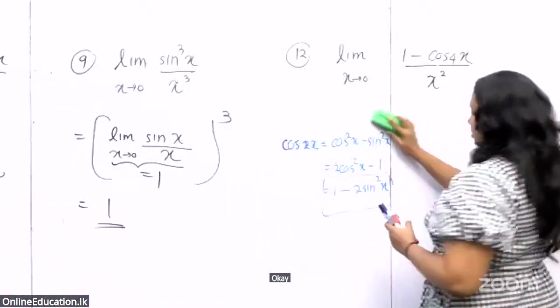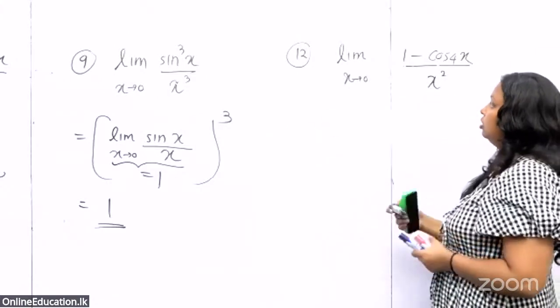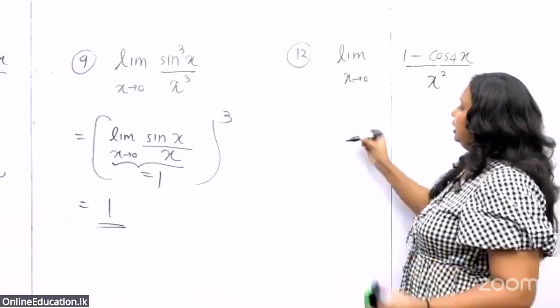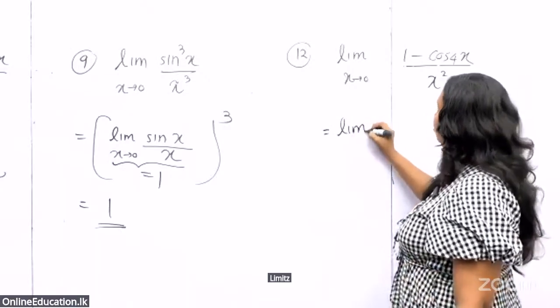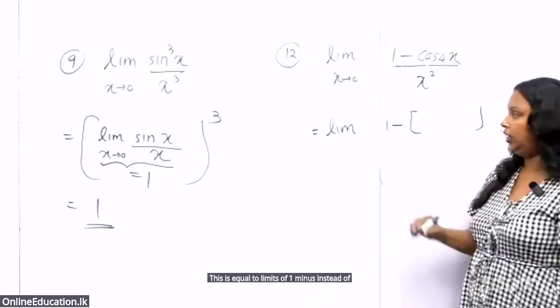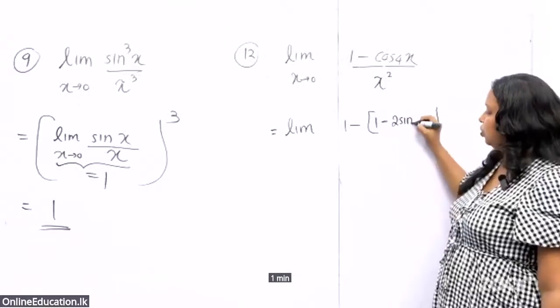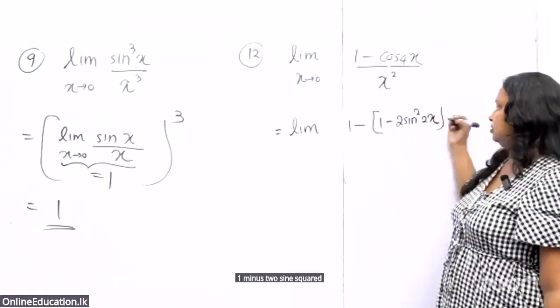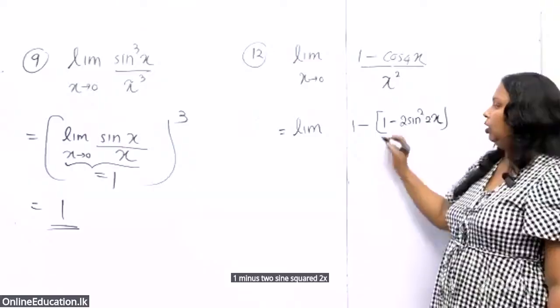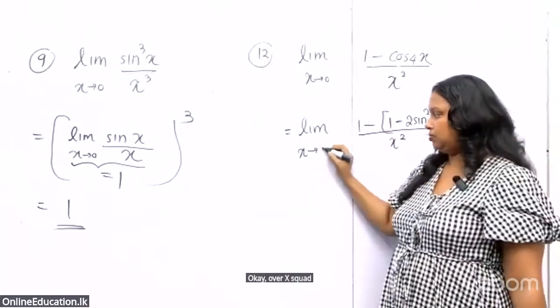Okay, look at this. This is equal to the limit of 1 minus, instead of cos 4x, we write 1 minus 2 sin squared 2x, all over x squared when x tends to 0.